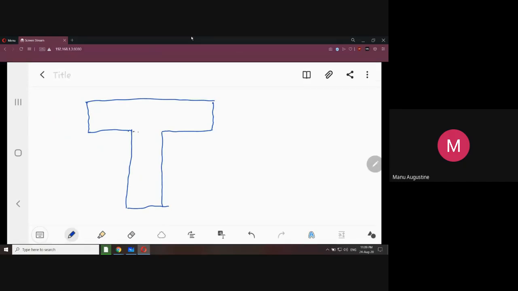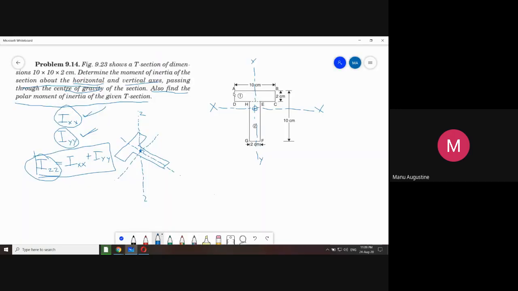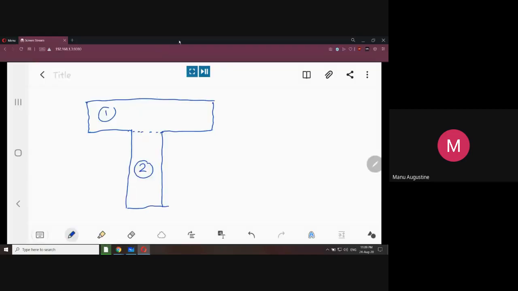We simply make an imaginary cut here. So now this is your area number 1 and this is your area number 2. And now let us individually demarcate the dimensions of these two rectangles which are comprising your T section. So looking at this image, the first area has a length of 10 centimeter and width of 2. So let us note it down. This is 10, this is 2.